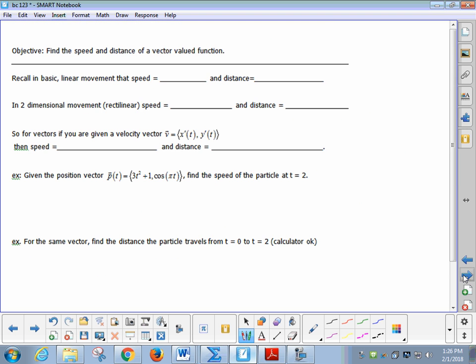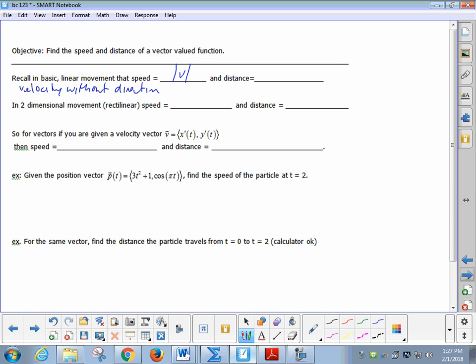All right, last but not least, motion, speed, and distance. Tying it all together, lots of different levels. Say you wanted just basic linear movement. Speed is velocity without direction, right? So how do you remove direction in one-dimensional movement? Absolute value, okay?